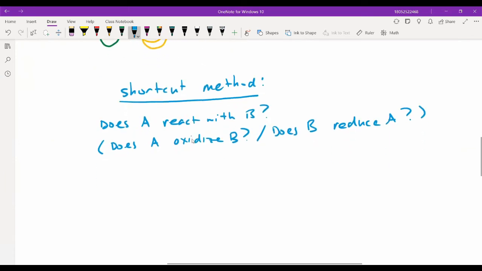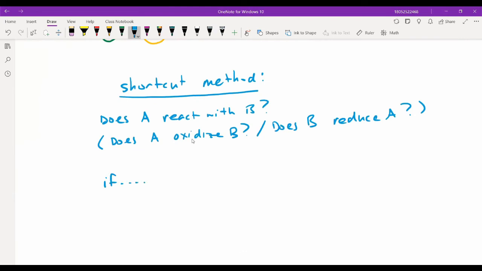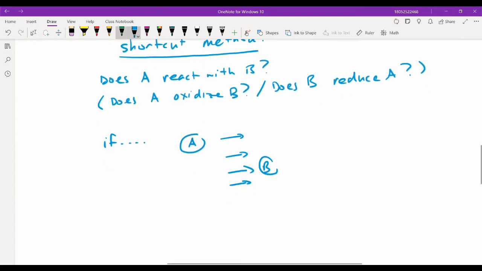And what you would look for is if you have a scenario where A is somewhere up here on the top part, on the left side, and then B is somewhere towards the bottom on the right side, or just below A for that matter, then this connection is downhill. And when you do the thing that we did with adding up the potentials, it's going to be positive overall. So this is going to be a yes.